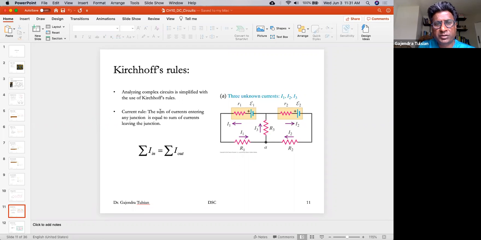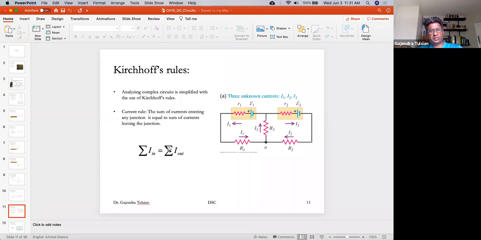All right, so the first Kirchhoff's rule says the current flowing into a junction. So here's the junction. The current flowing into the junction, in this case, is I1 and I2. So I1 plus I2 flow into the junction. The current flowing into a junction should equal the current flowing out of the junction. In this case, it would be I3, okay? So that's the junction rule.